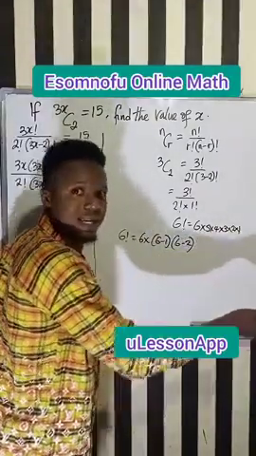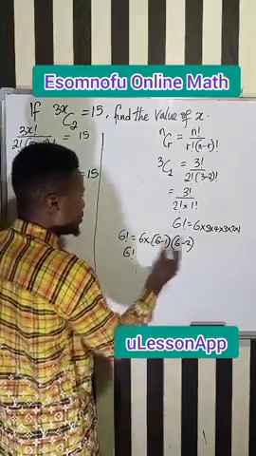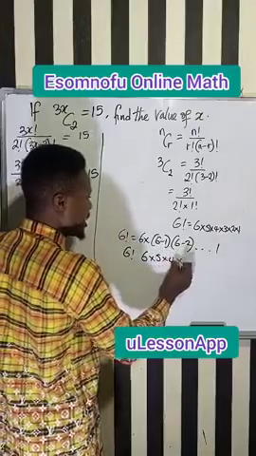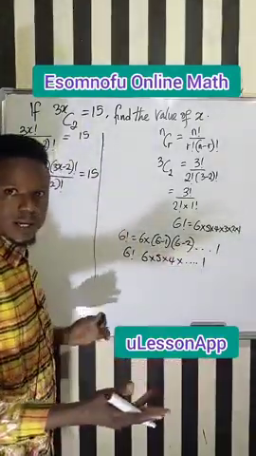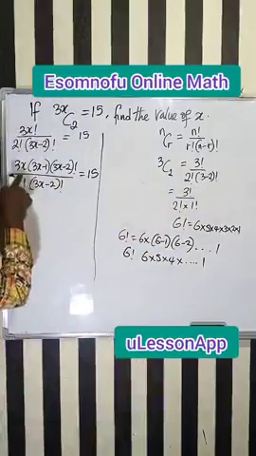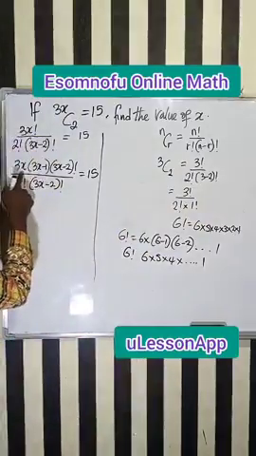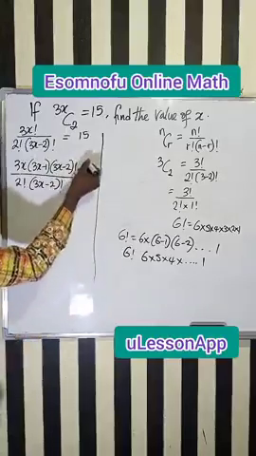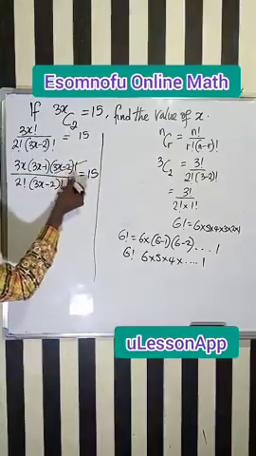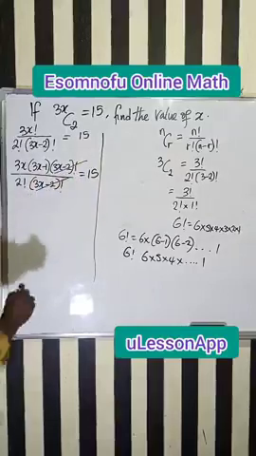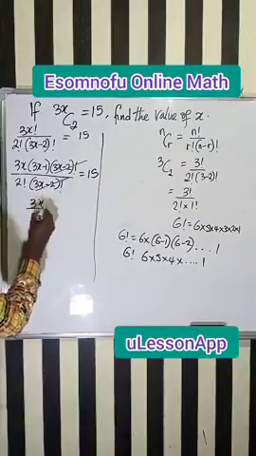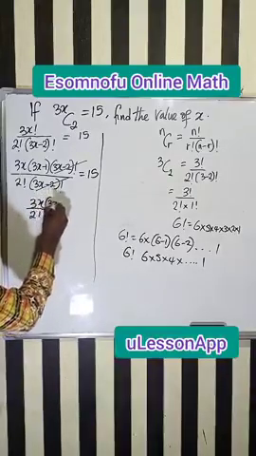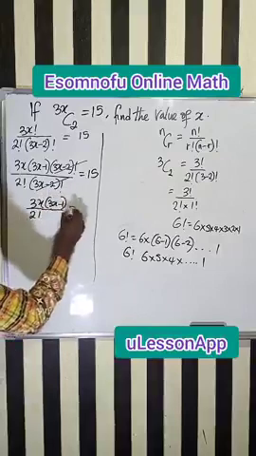It will be 6 minus 3, etc. Hence, 6 factorial gave us, till you get to 1, 6 times 5 times 4 times and so on till 1. Okay, that is the idea here. So don't be confused when you see me changing 3x factorial into 3x, bracket 3x minus 1, bracket 3x minus 2. The idea is to ensure that this 3x minus 2 factorial will cancel out 3x minus 2 factorial, so that we shall be having 3x into 3x minus 1 over 2 factorial is equal to 15.